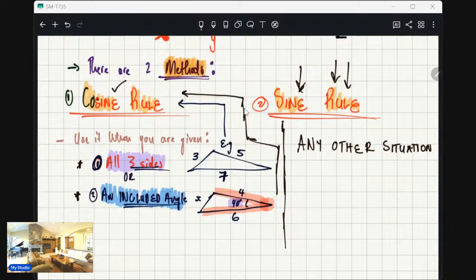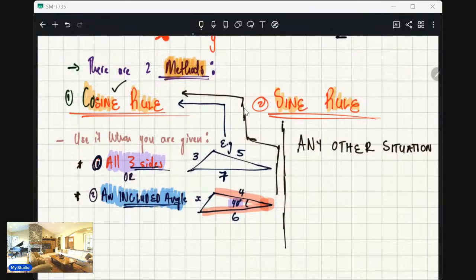Are we together? You look at that triangle, there is no right angle. You don't have all three sides, right? And you don't have an included angle, okay? Then automatically you will now use the sine rule.